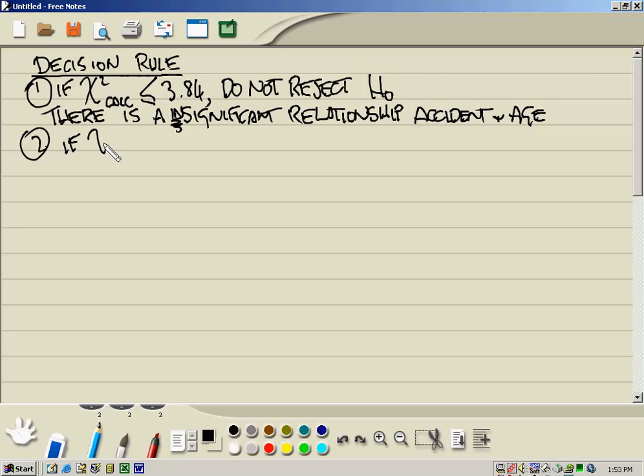Alternatively, if the calculated value of chi-squared is greater than 3.84, sufficient difference between the observed and expected, we can reject the null and in its place accept the alternate.